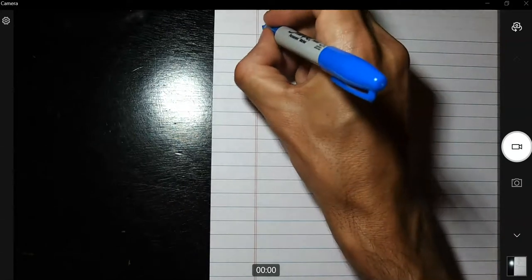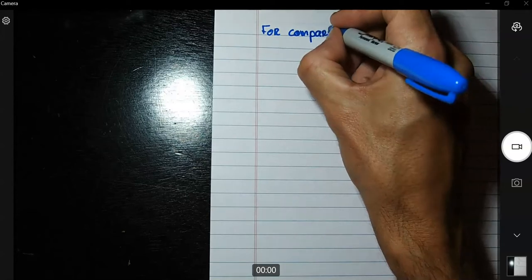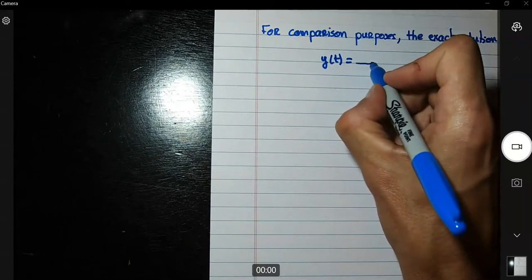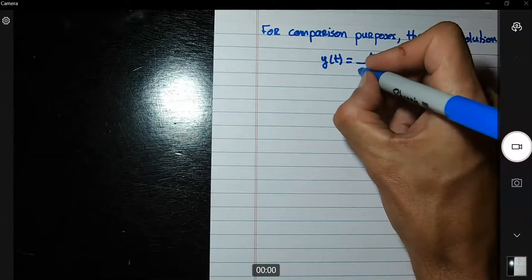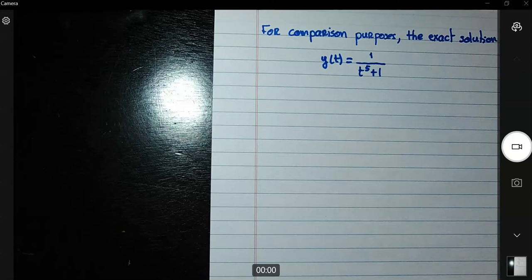For comparison purposes, the exact solution is what? y of t is equal to 1 over t to the 5th plus 1.